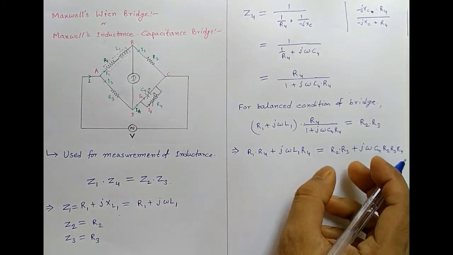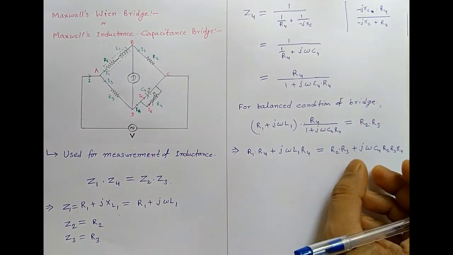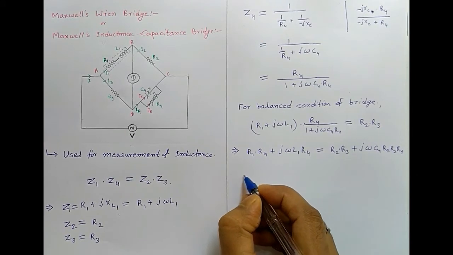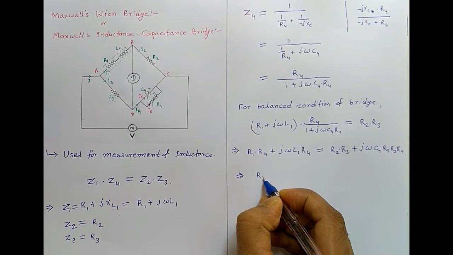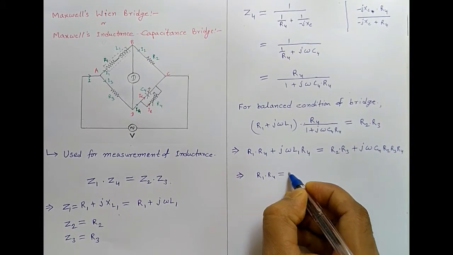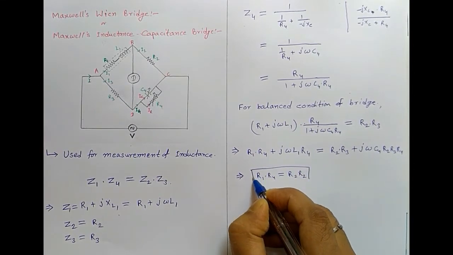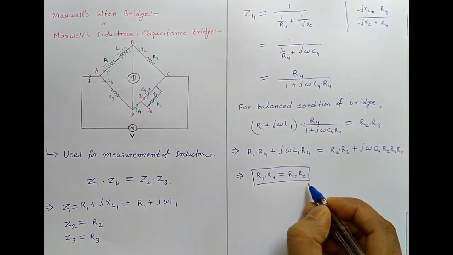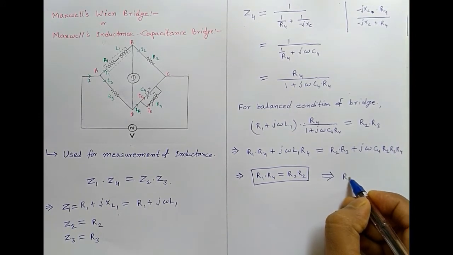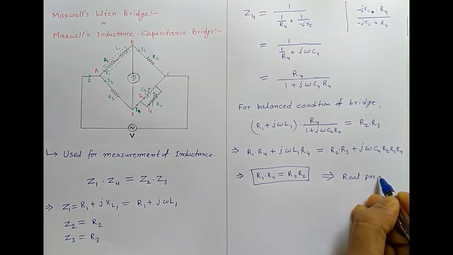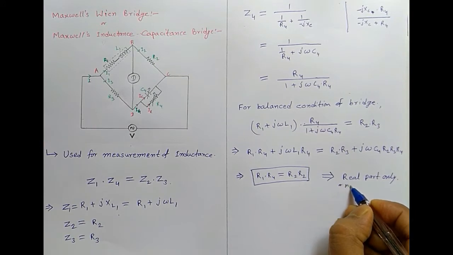Equating the real and imaginary parts, by equating the real part, R1 into R4 will be equal to R2 into R3, and this is the balanced condition of the bridge for the magnitude part only, that means the real part only.